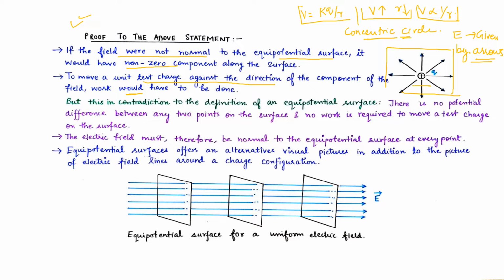Now the concept is, if the equipotential surface and electric fields are not perpendicular to each other, then in that case there exists an electric field component along the surface.